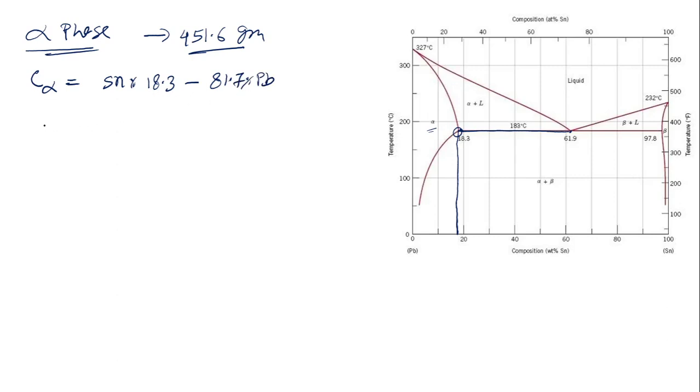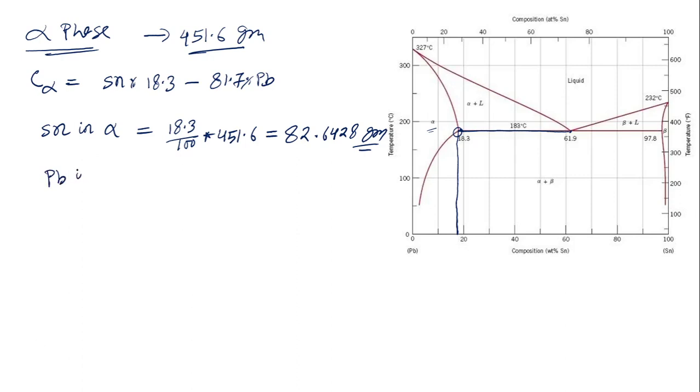So now Sn in alpha is equal to 18.3 by 100 into this total amount, 451.6, correct? If you calculate this, you will get around 82.6428 gram. This is the amount of Sn in alpha.